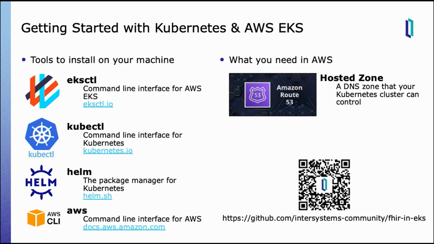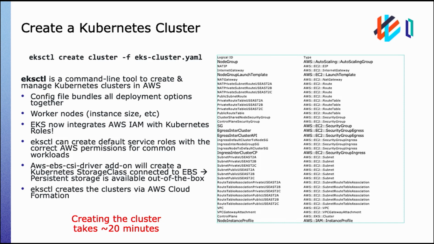For this demo, we're also going to be using DNS to create SSL certificates and to give a domain name to our cluster. So for that, we'll need a hosted zone in AWS Route 53. As I said before, I put the link up here so that you can follow along and take a look at this as you go.